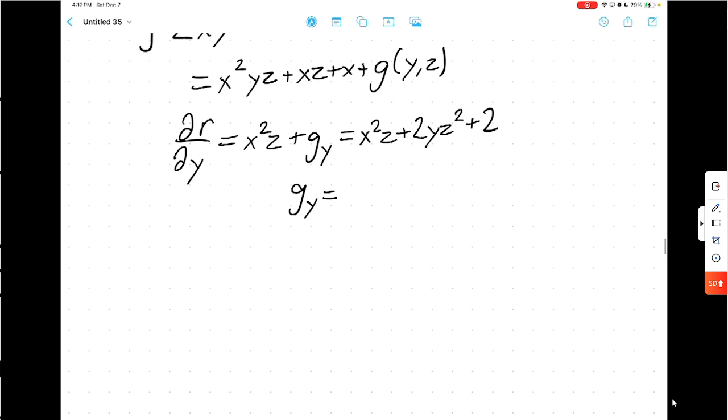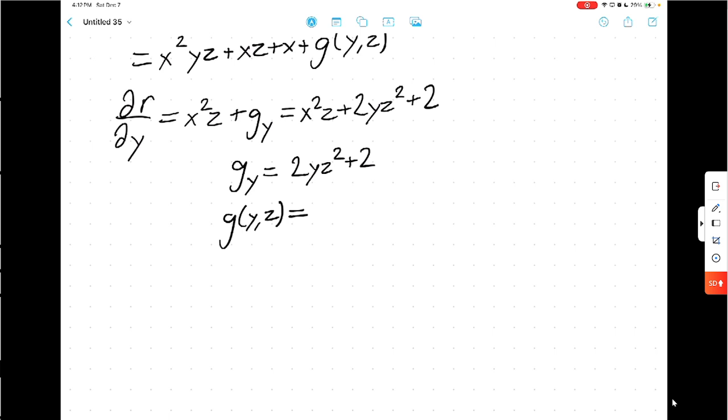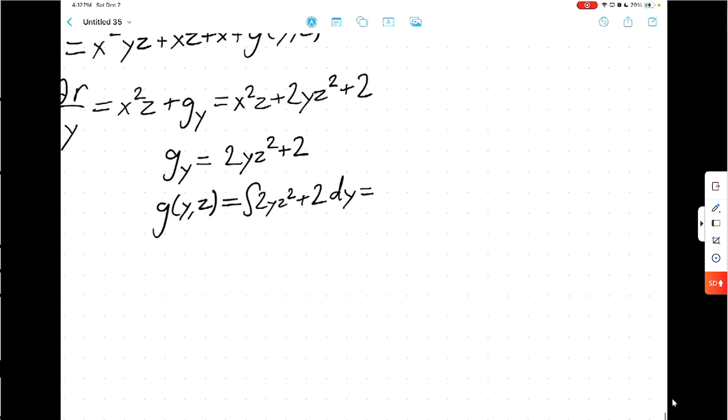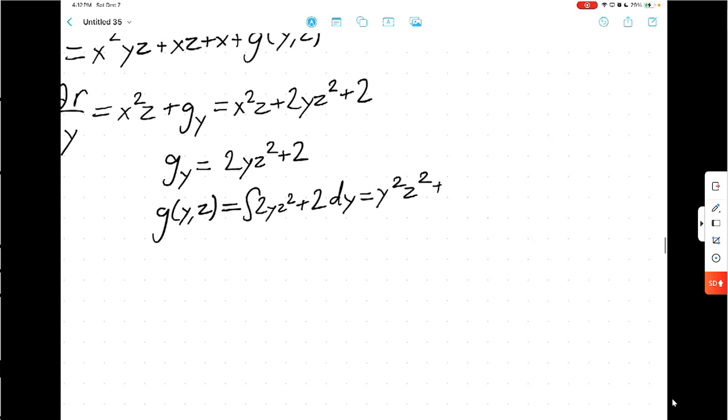And so g with respect to y is going to be 2yz squared plus 2. So g of yz is going to be, we integrate this with respect to y, which becomes y squared z squared plus 2y plus another function of z this time.